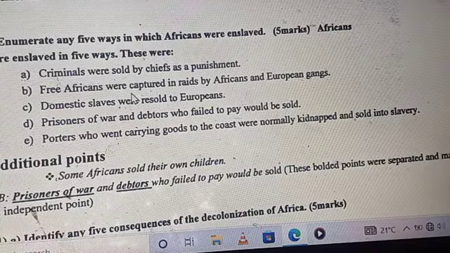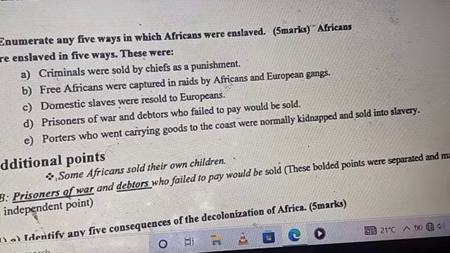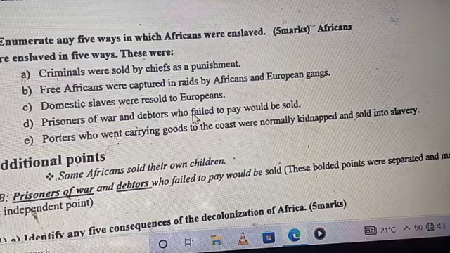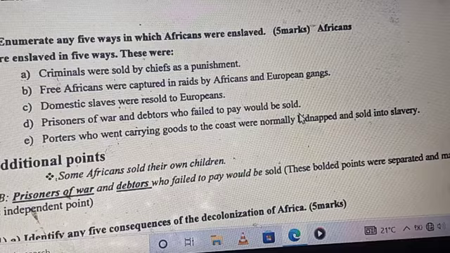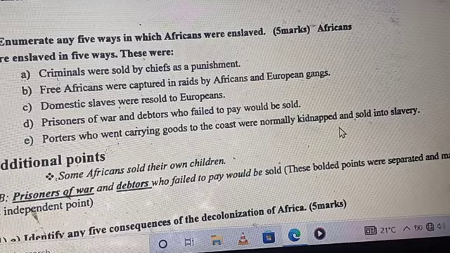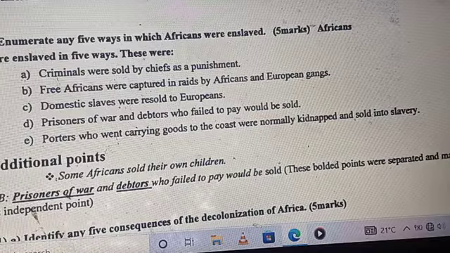Free Africans were captured in raids by African and European gangs. Domestic slaves were reserved for Europeans. Prisoners of war and debtors who failed to pay would be sold. Porters who went carrying goods to the coast were normally kidnapped and sold into slavery.